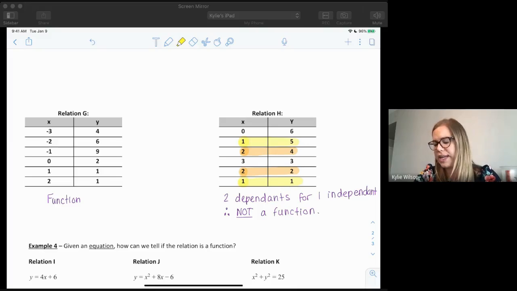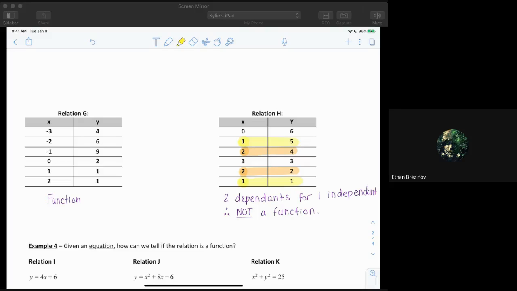And the way to think of that too is if I graphed relation H and put all of those points onto a Cartesian plane, it would fail the vertical line test because it has those matching x's. Is that kind of what your question was, or did I misunderstand it? Yeah, that was my question.